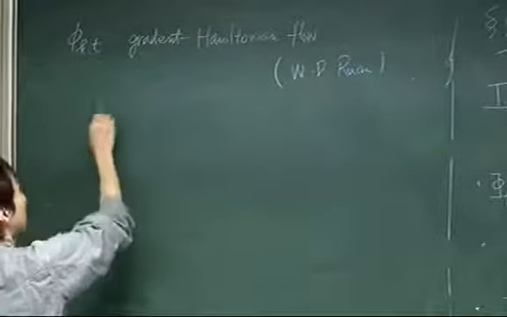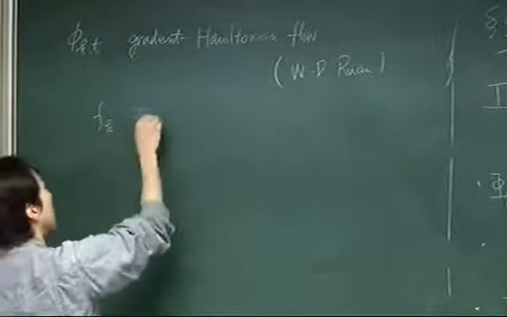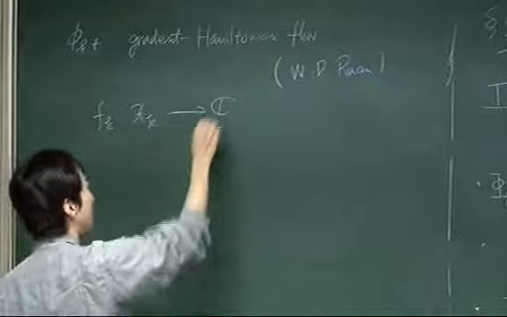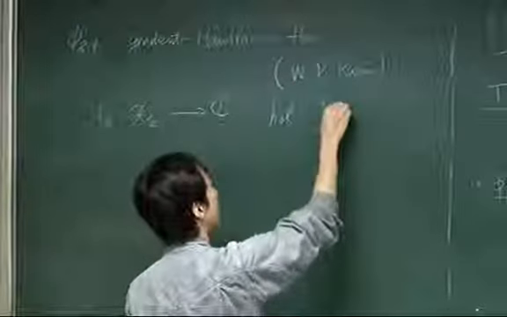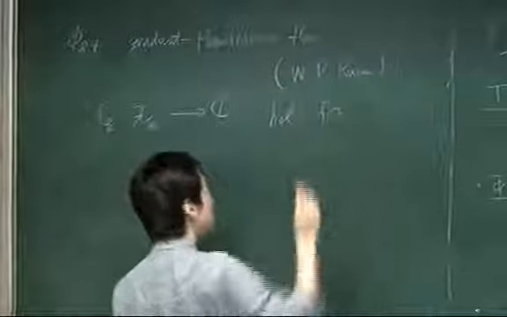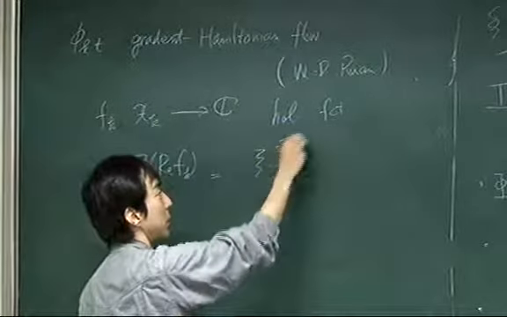We think of Fk as a holomorphic function, and this is the Hamiltonian vector field.